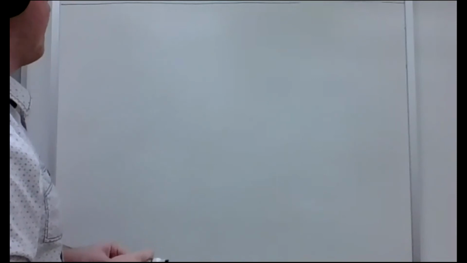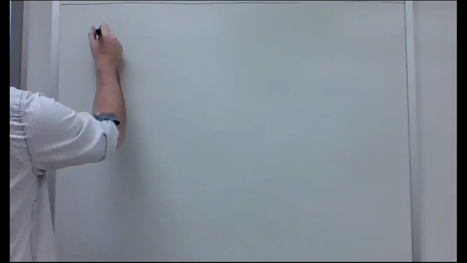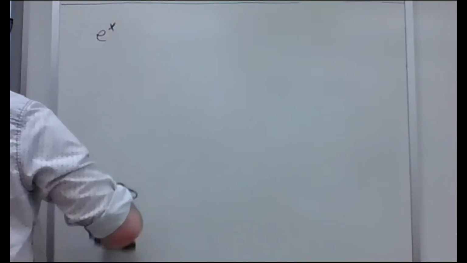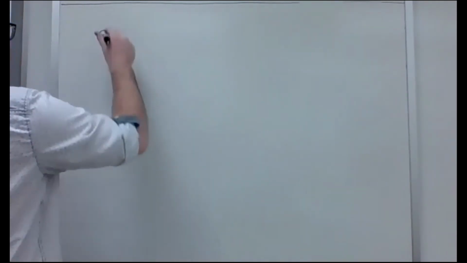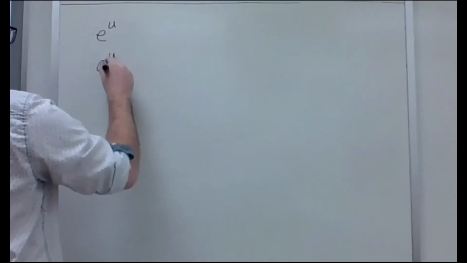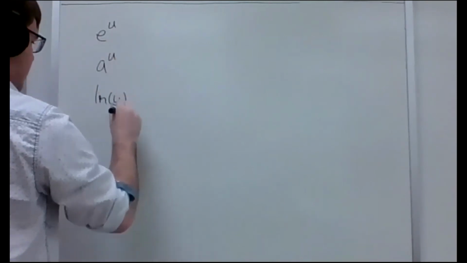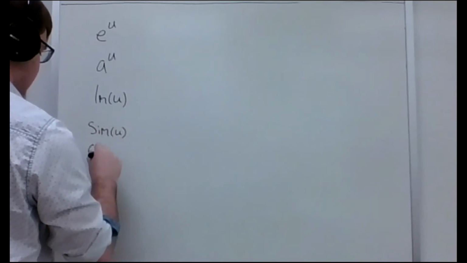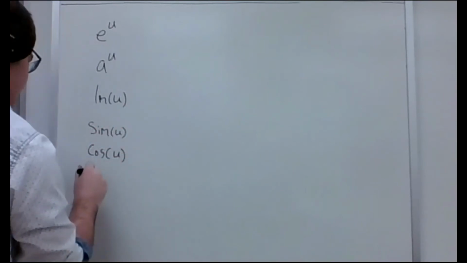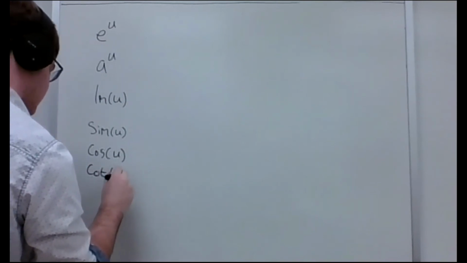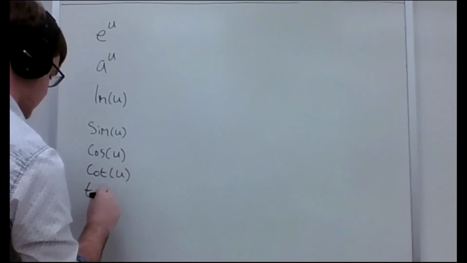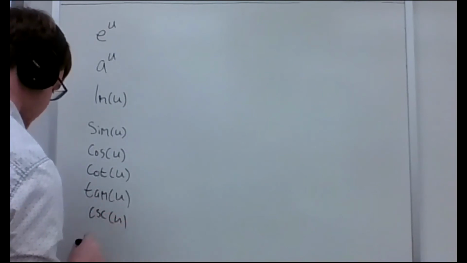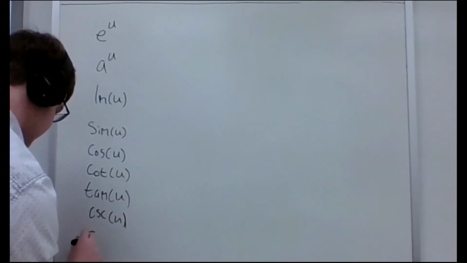I guess the new stuff that we haven't covered on this test is e to the x. Actually, we'll put u's here. We have e to the u, a to the u, ln of u, and then we have sine, cosine, cotangent, tangent, cosecant, and secant.